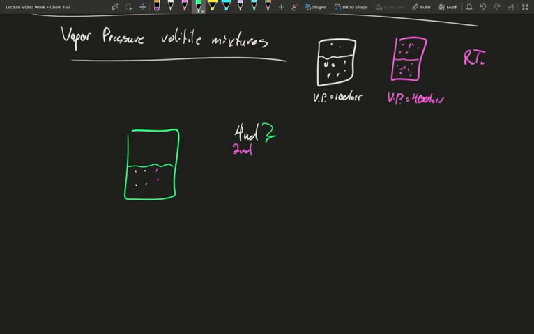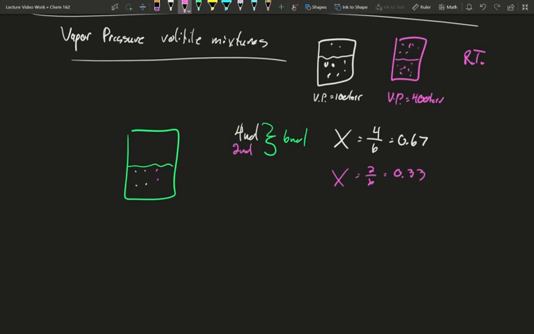So my total moles is 6 moles of stuff. That means I can find the mole fraction. It's going to be 4/6, or 0.67. And I can find the other mole fraction. That's going to be 2/6, or 0.33.